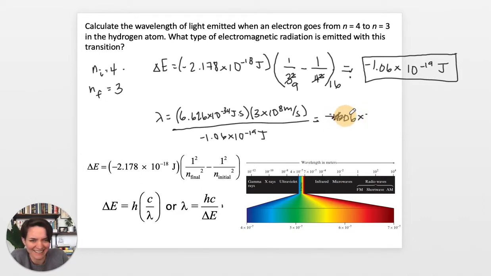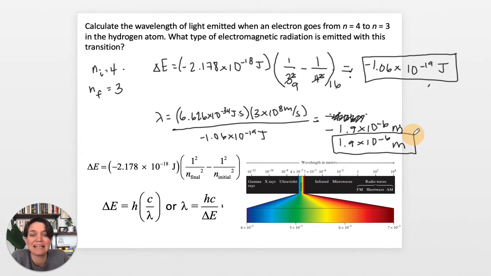It would be negative 1.9 times 10 to the negative 6th meters. Okay, obviously you can't have negative meters. Remember, that negative value for energy is in relationship to the electron, which lost energy. Now we're talking about the energy of our electromagnetic radiation, so 1.9 times 10 to the negative 6th meters. So this is our wavelength.